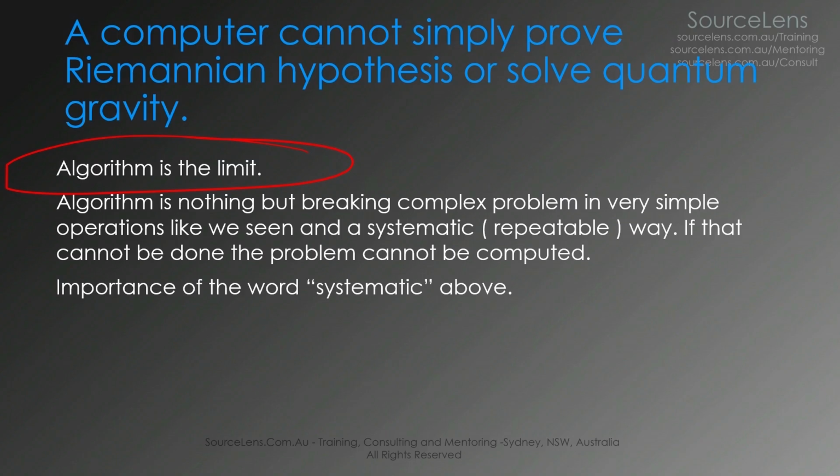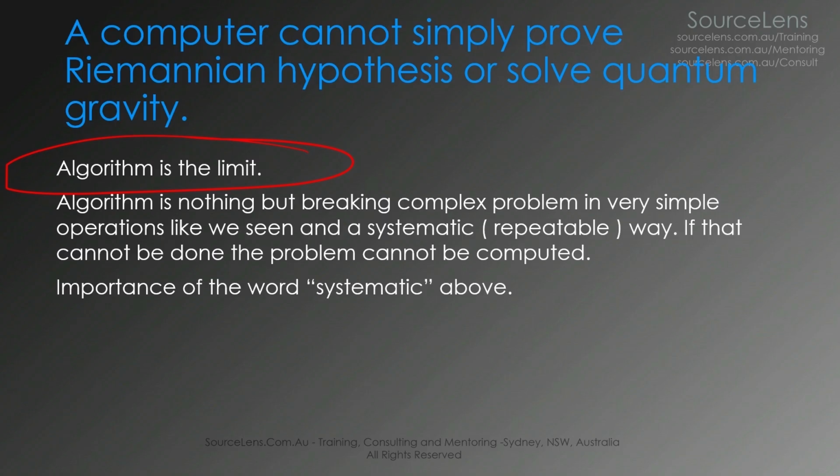No surprises there. So what is an algorithm? An algorithm is nothing but breaking a complex problem into very simple operations like we have seen, in a systematic way. That word, systematic, is very important. We need a systematic way to repeat the operations we've been doing to finish the entire problem. Remember the addition we did?